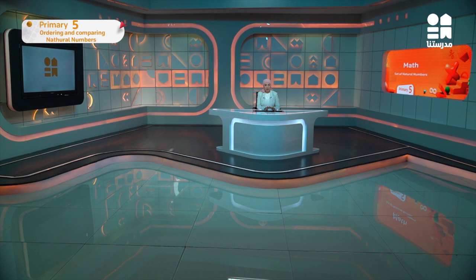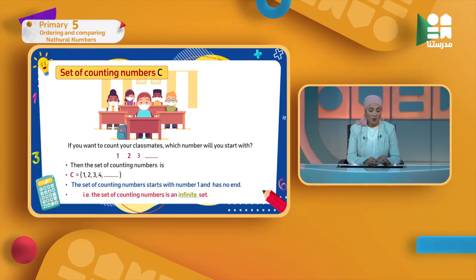Here, as you see, the first element in the set of counting numbers is 1, and this set has no end. As we said in the first semester, if I have a set and this set has no end, this means that this set is an infinite set. It will never end. So the set of counting numbers is an infinite set.